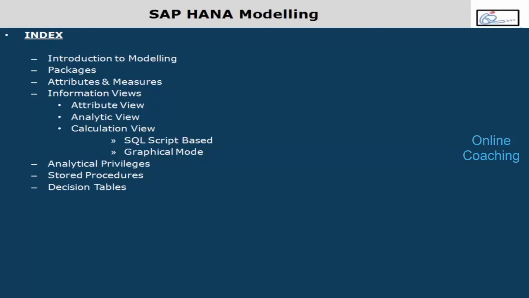So assuming the second one is better, we're going to write a stored procedure which will read data from table A or table B or n number of tables and do on-the-fly transformations, which could be joining, projecting certain columns, or restricting data, or where clause projections, whatever it is you are doing. And then ultimately you give the result as a column view, which can be consumed in the BO environment for reporting.